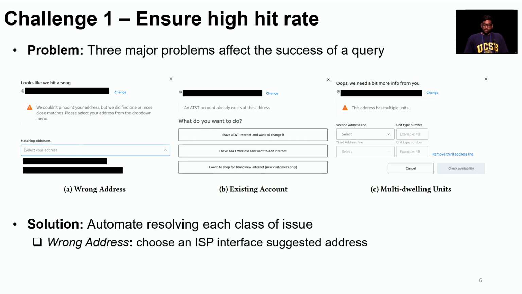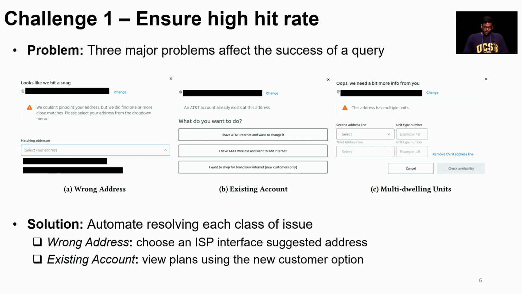So the framework becomes: whenever we encounter a wrong address, we make sure that the address we input matches as closely as possible the one currently stored in the ISP's database. When we come across the error of an existing account, we view the plans as a new user, as opposed to dealing with all sorts of authentication issues that come when you want to access it as an existing user.